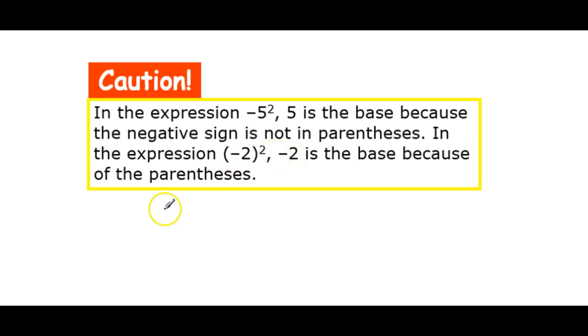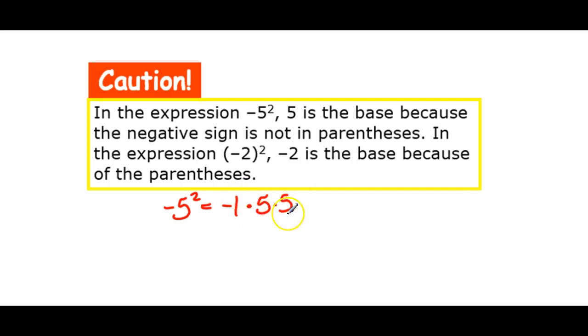Okay, so let me give you a little explanation. We'll use 5. All right, -5 squared in reality is -1 times 5 times 5. Okay, I'm going to multiply 5 times 5, which is 25, then times the -1.